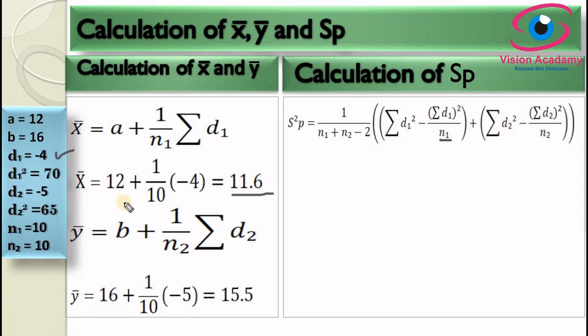Here summation D2 square is 65, summation D2 whole square is minus 5, and N2 is 10.